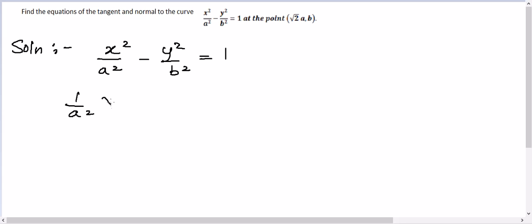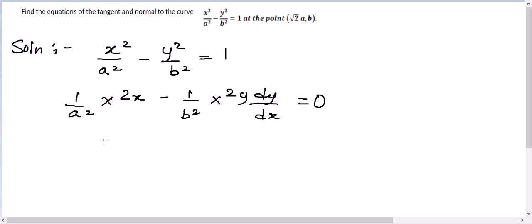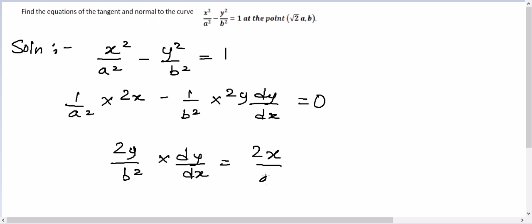So I have started differentiating. 1 by a square is a constant, so it will be like that, and then it will be 2x minus 1 by b square into 2y into dy by dx. So now 2y by b square into dy by dx is equal to 2x by a square.